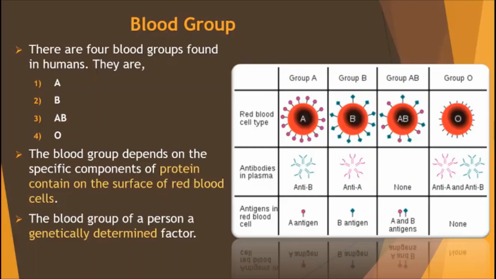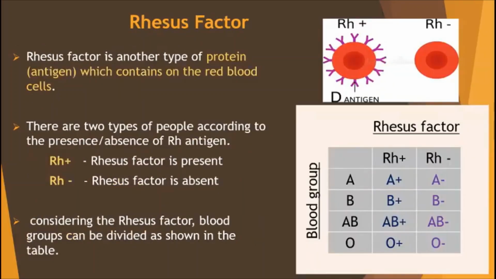Then the Rhesus factor. Rhesus factor is another type of protein or antigen found on the red blood cells. There are two types according to the presence or absence of the Rhesus antigen. Some people are Rhesus positive, which means they have the Rhesus factor.